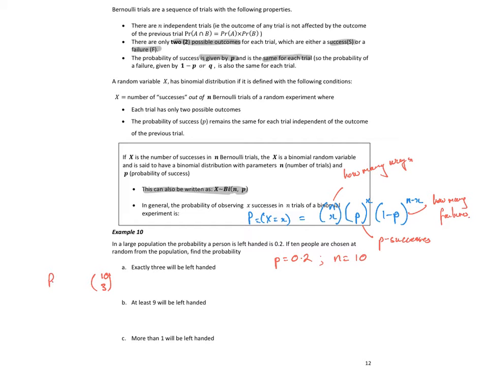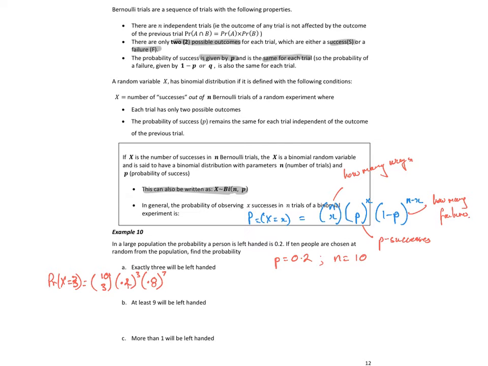The probability that x is equal to 3 is 10C3, probability of success 0.2, and I'm going to have 3 of them, which means the probability of failure is 0.8, and 10 minus 3, I'm going to have 7 of those.